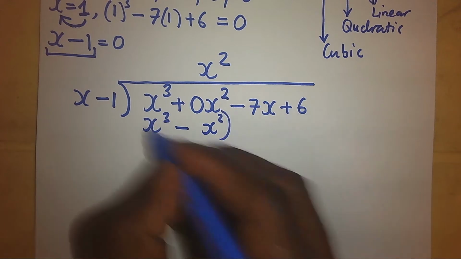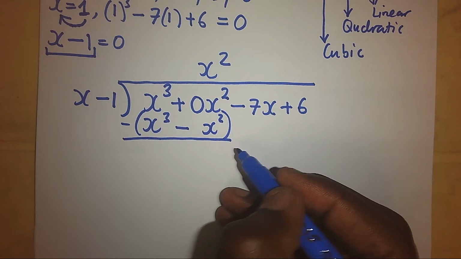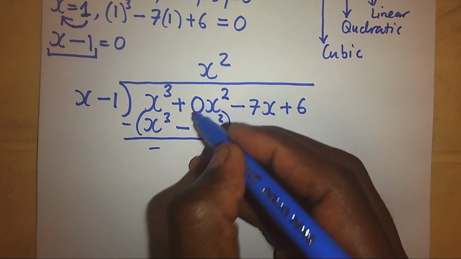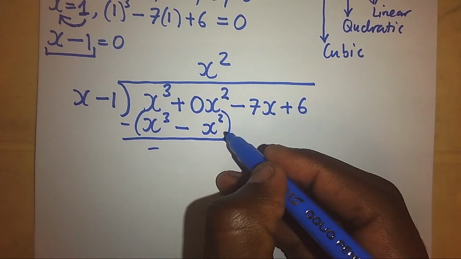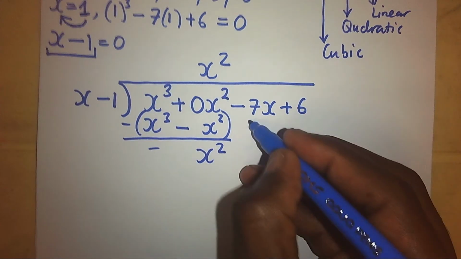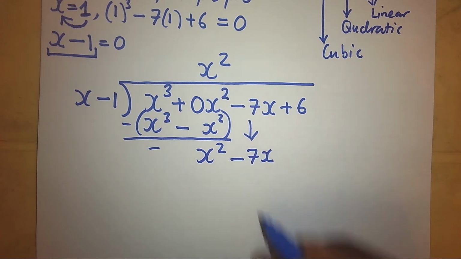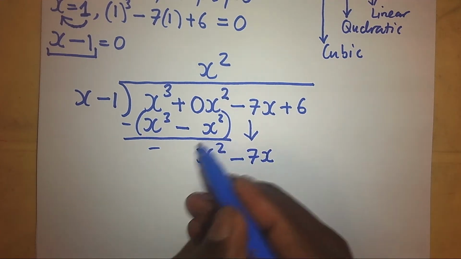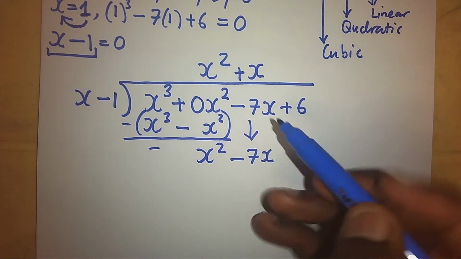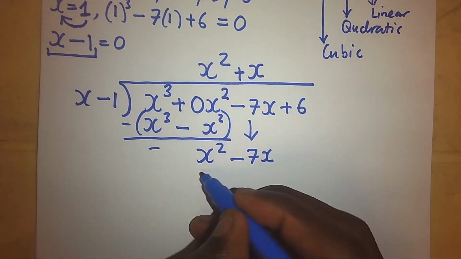Then I subtract. I just do it like normal long division. This one give me 0, but 0 minus negative x square, I will remain with x square. Then I bring down the next factor, minus 7x. In order to eliminate x square, I need to have plus x, because x times x will give me x square.